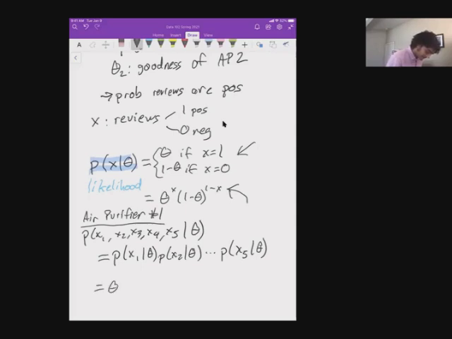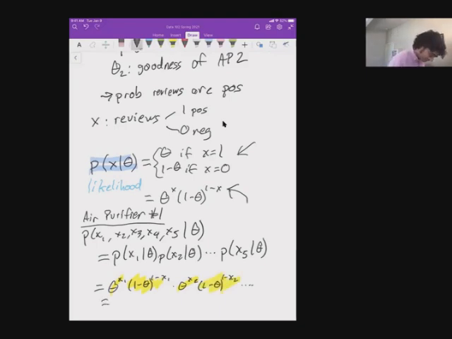We get theta to the x1 times 1 minus theta to the 1 minus x1, times theta to the x2, 1 minus theta to the 1 minus x2, and so on. When we multiply all of these together, the exponents just add. We can take all the terms that have thetas and add their exponents together, and take all the 1 minus theta terms and add their exponents together.